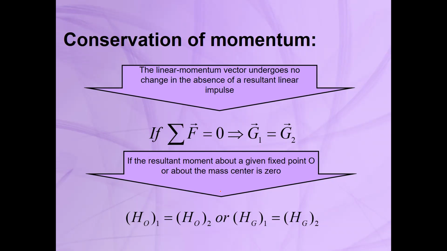I mean, when the summation of the external moments about a point O, or about the mass center, is equal to 0, we can conclude that the angular momentum in the initial and final position must be equal, and there is no change in the angular momentum about point O or about point G. Point O is the fixed point of rotation, and G is the mass center of the rigid body.